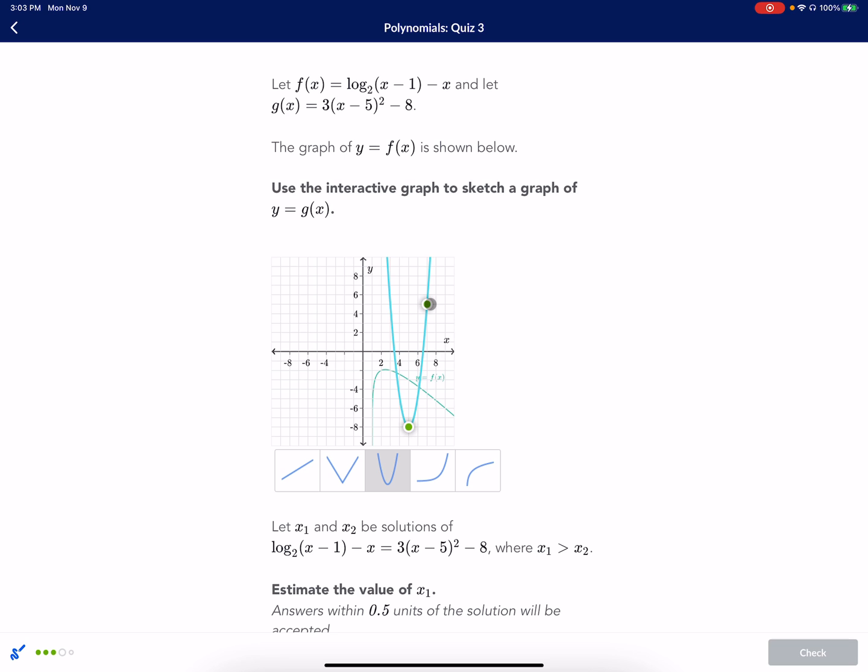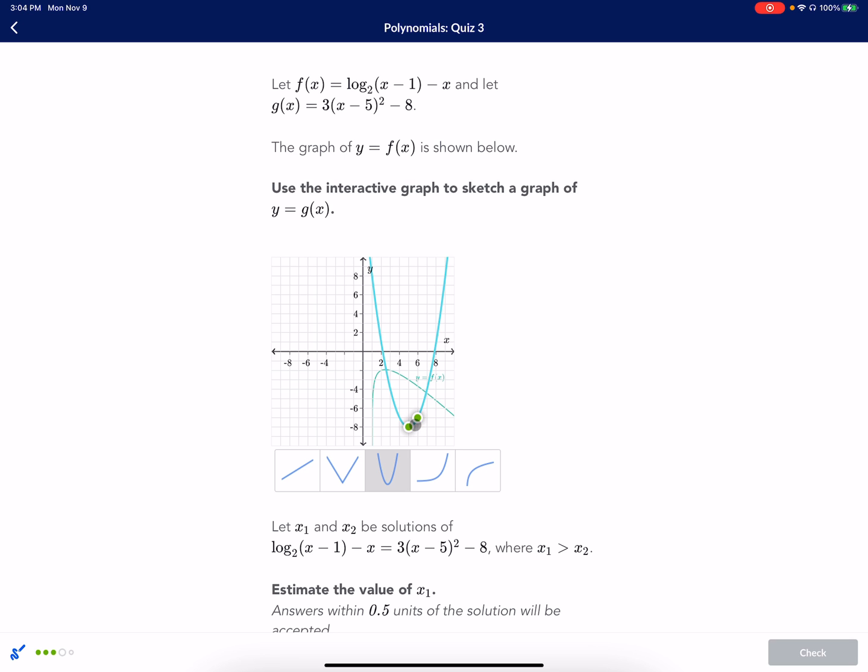Okay. Now, the only other transformation here is that we've got a vertical stretch. A multiplier on the outside layer is going to be a vertical stretch as long as that value is larger than 1. So for a quadratic that doesn't have a vertical stretch, you would go from the vertex right 1, up 1.